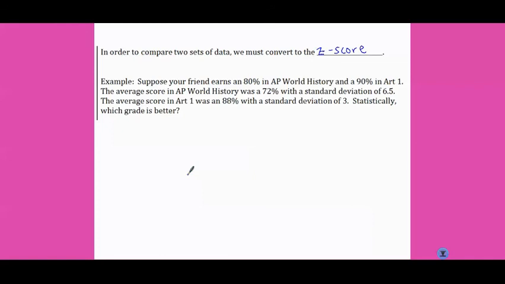The average score in Art 1 was an 88% with a standard deviation of 3. Statistically, which grade is better? So I'm going to highlight all my information about AP World in one color. So AP World, that's my friend's grade, the average, and the standard deviation. And then I'm going to go back and highlight art in a different color.